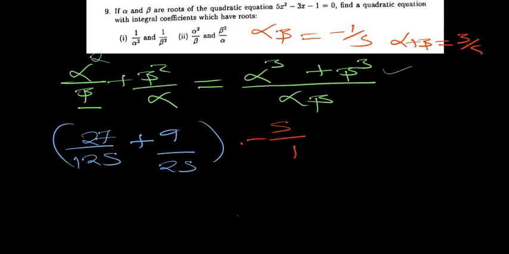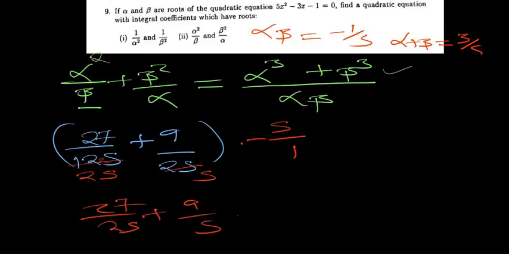If you multiply the 125 by 5, 5 into 125 is 25, and 5 into 25 is 5, so you have 27 over 25 plus 9 over 5. Remember we're multiplying by the negative, so everything here is supposed to now end up a negative. So we just end up adding there.